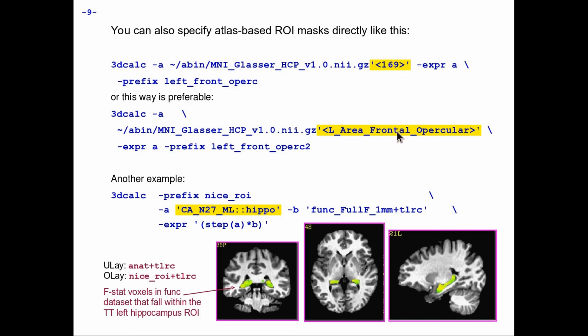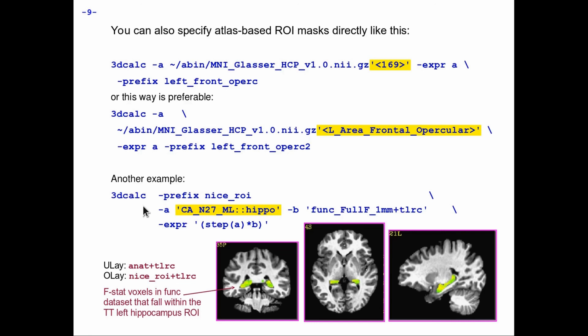So here, if you specify it this way, you'll always get the region that you expect and not another region. Okay, so this example is almost the same, except for that part. Okay, another example of how you might use atlas regions with AFNI commands.